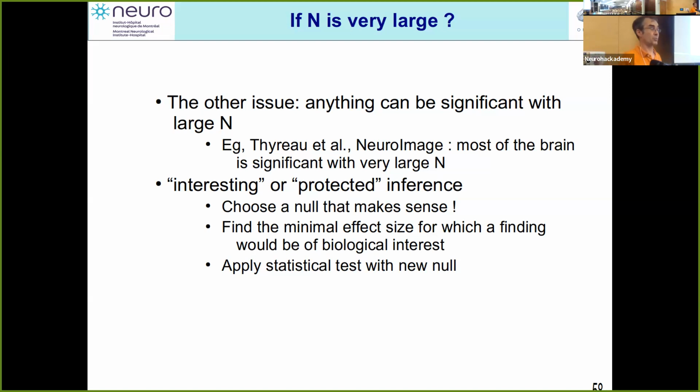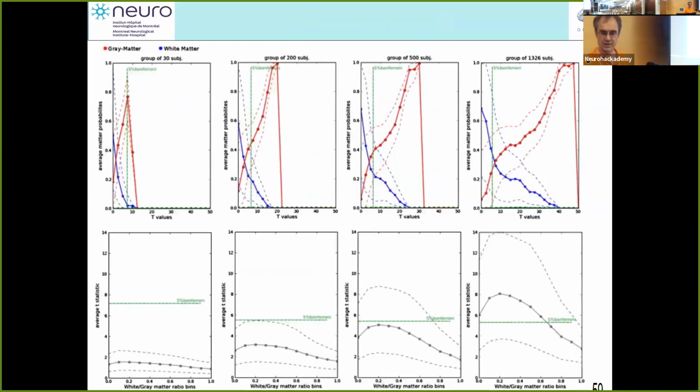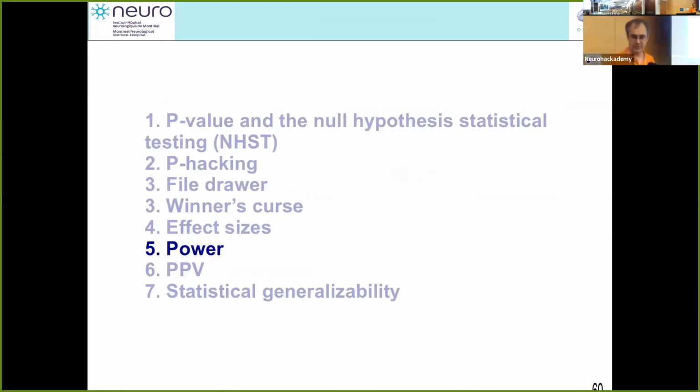Everything starts to be significant, because even a minute effect is going to be statistically significant. And this is where you have to think about biological significance rather than statistical significance. It's particularly important in medicine, of course, when you have to think about the biology and the patients. I'm going to skip over that.